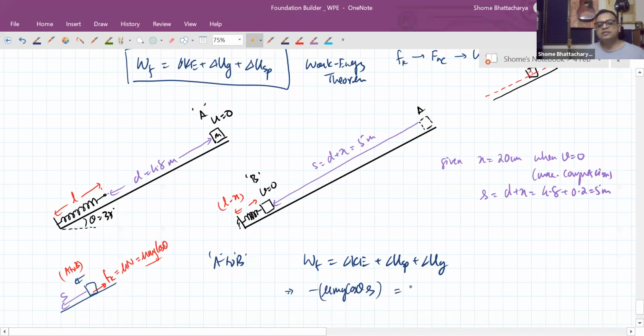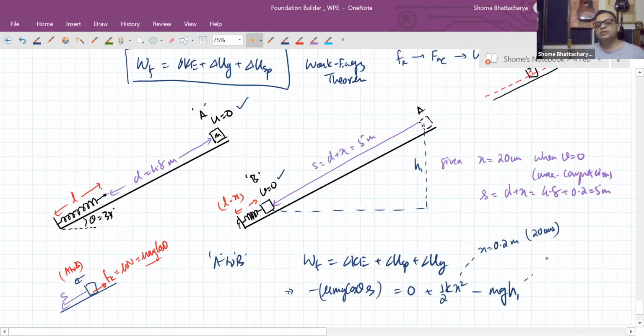The change in kinetic energy is 0 because initial V is 0 here and final V is 0 here also. Okay. Change in spring's potential energy is half k x square, where this x will be equal to 0.2 meters or 20 centimeters. And delta U will be minus mg h1, let's say, where from here to here this height difference is h1.